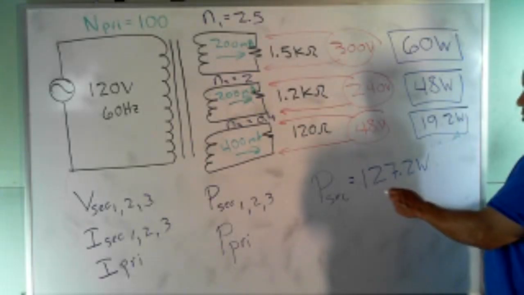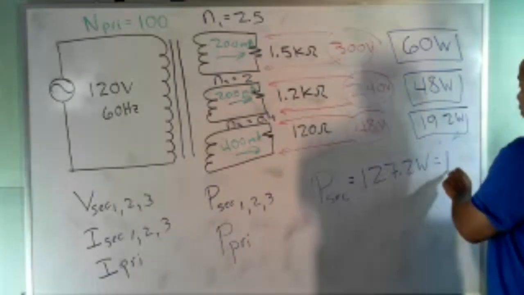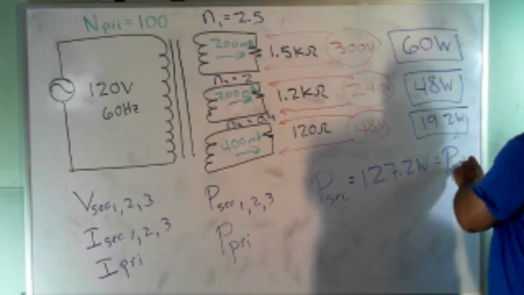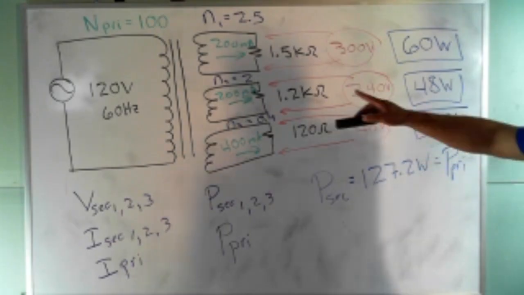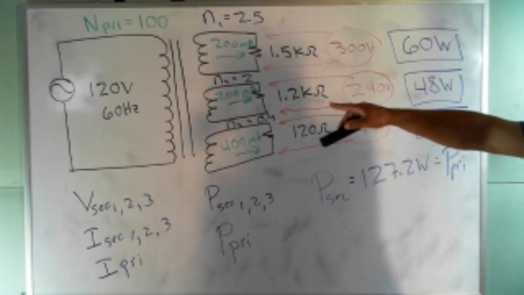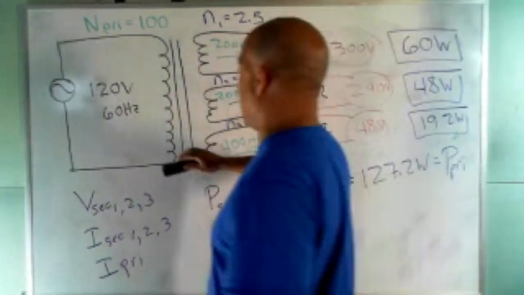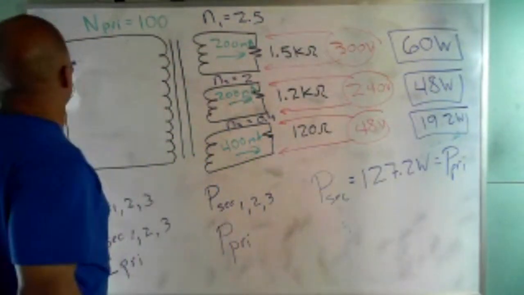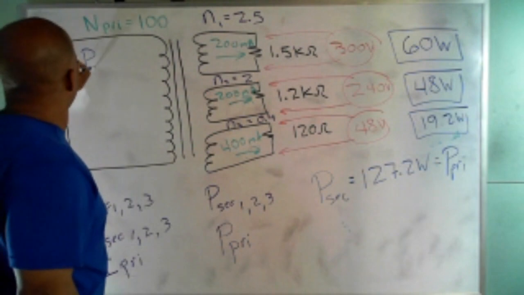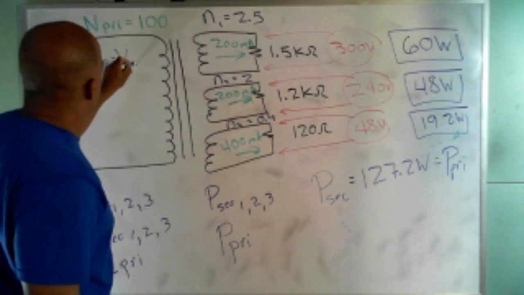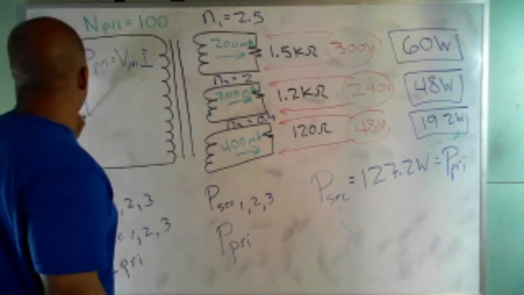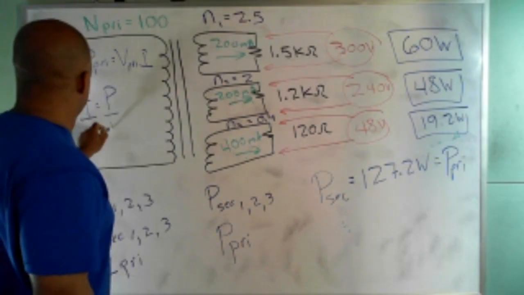So, is that right? Yes. And that's going to equal P pri, because remember, we're assuming we have 100% efficiency. Now, the reason I want that is they're asking to get the current over here in the primary coil, and you just use Watt's law. P pri is V pri times I pri. So I is just going to be P over V.